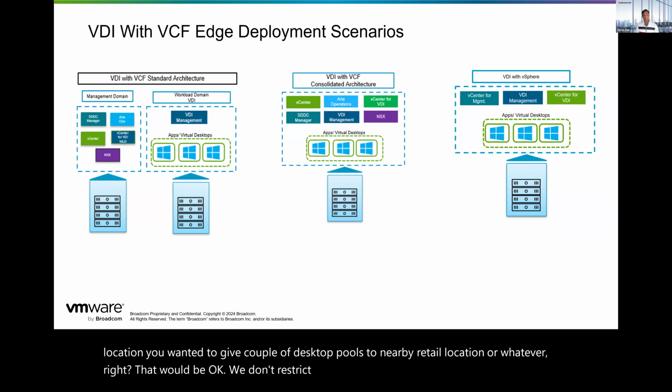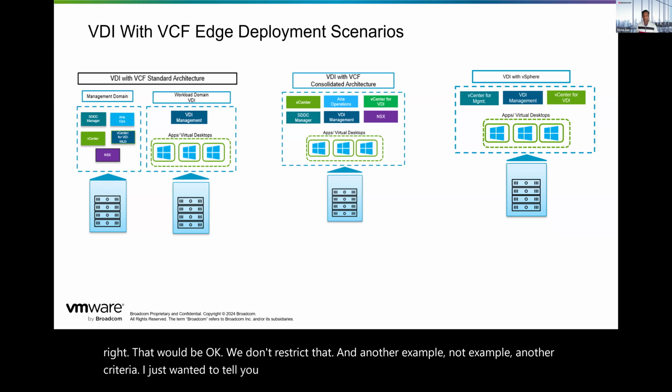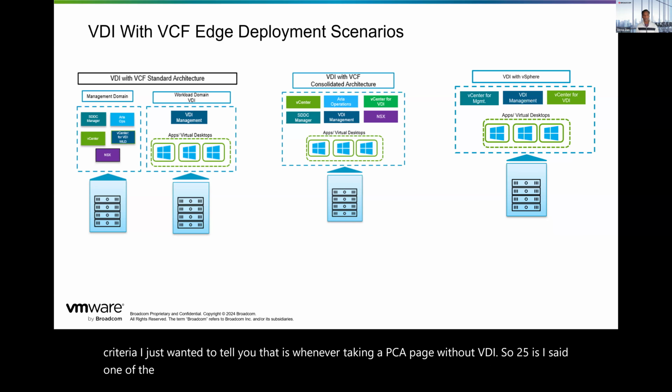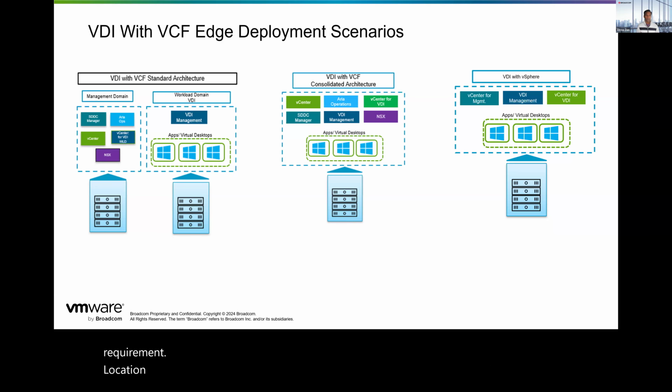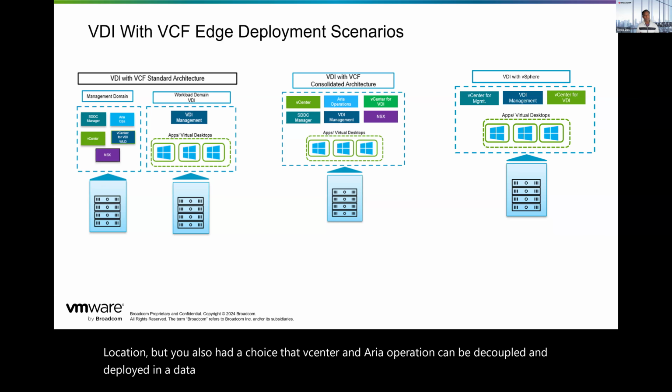And another criteria I just wanted to tell you is whenever taking a VCF Edge without VDI, 25 is, I said, one of the requirements as a physical location, but you also had a choice that vCenter and Aria Operations can be decoupled and deployed in a data center, in a colo, or in a cloud, wherever you wanted to deploy it.